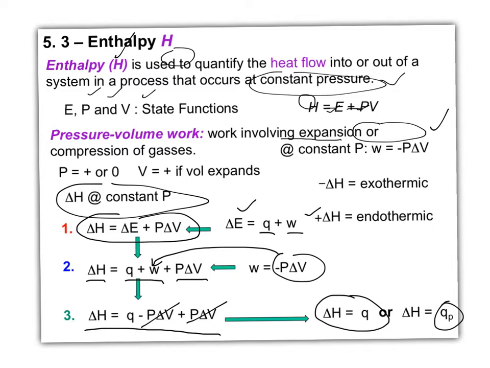That gives us a very easily measurable variable to look at in laboratory settings. Because the change in enthalpy is equal to Q, or your heat flow, that's going to allow us to perform some useful experiments, as you'll see later on.